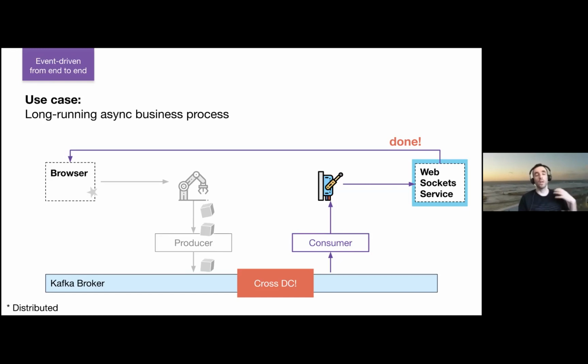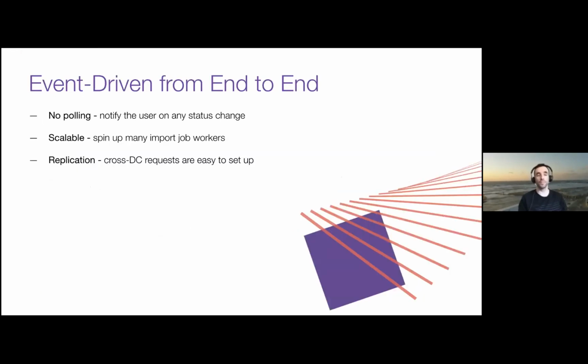So we get the original request on a European data center, but then all of the Outlook requests will only be processed in Asia. So it's a completely distributed global operation, event-driven from end to end, from the browser all the way to the last involved microservices and back.